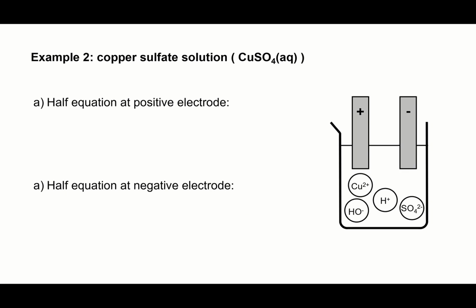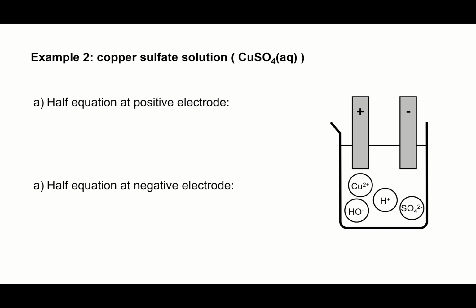Example 2. Copper sulfate solution. So once again, we've got copper sulfate, AQ, which means copper sulfate dissolved in water. And if you look at the diagram on the right-hand side, this is the situation that we have. So we've got copper 2+ ions.